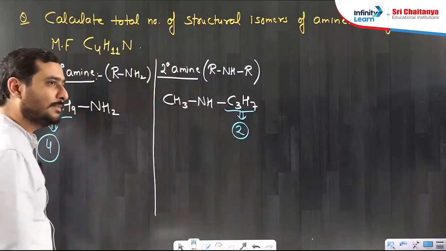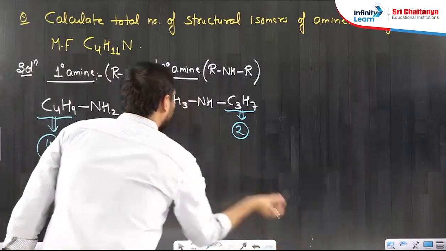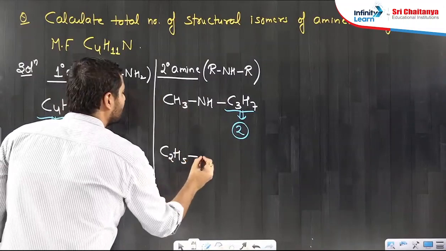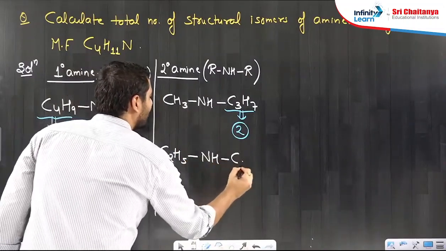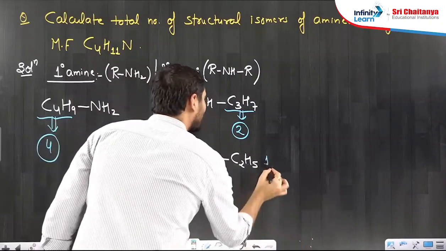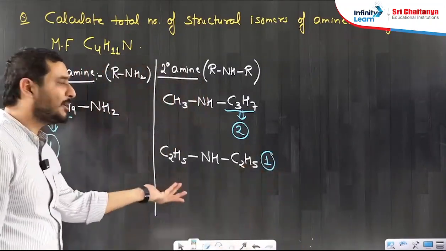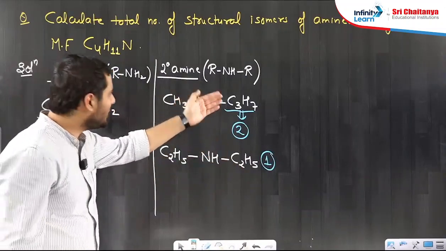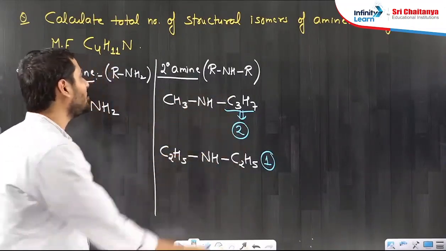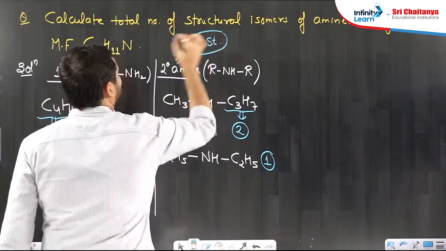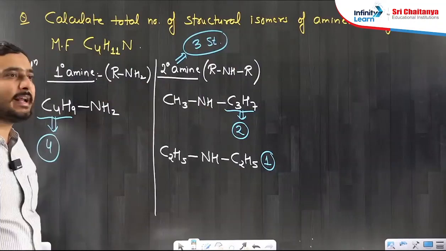Next, in place of CH3, we can take C2H5, NH, and here also C2H5. So there is only one possible case for this. Next is not possible, because if you write C3H7, CH3, that will be identical. So how many secondary amines are possible? 2 plus 1, 3 structural isomers for secondary amine.